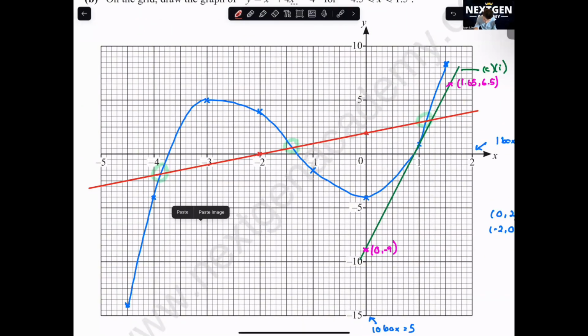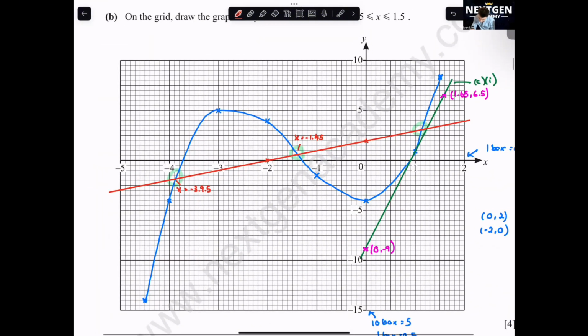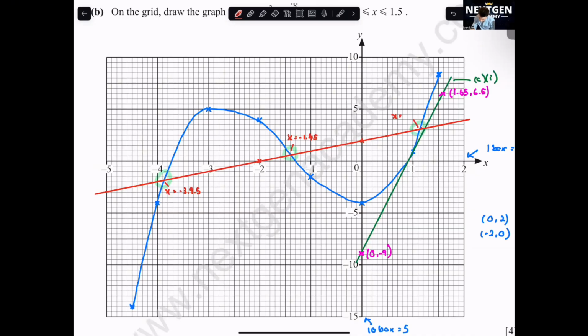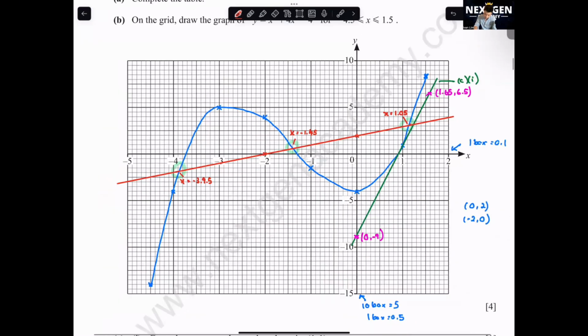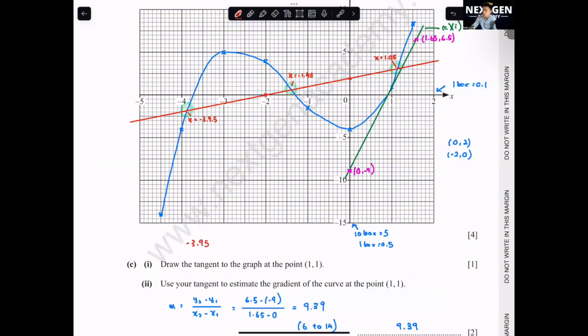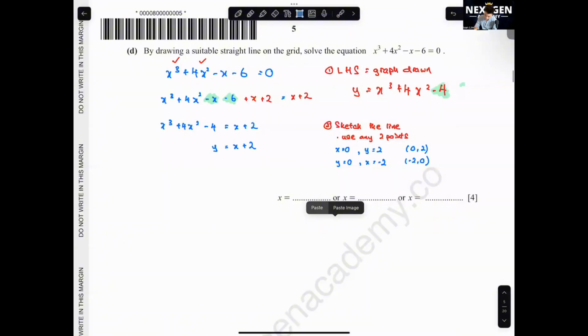For mine, the first one is x equals negative 3.95, the second one is negative 1.45, and the third one is x equals 1.05. So these will be my 3 values: negative 3.95, negative 1.45, and 1.05. What is the range of values that is acceptable?